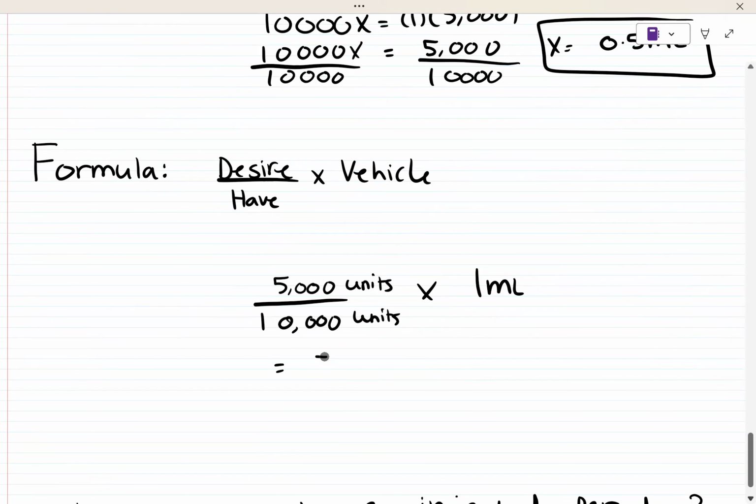So that's 5,000 over 10,000, and that would be 0.5 milliliters.